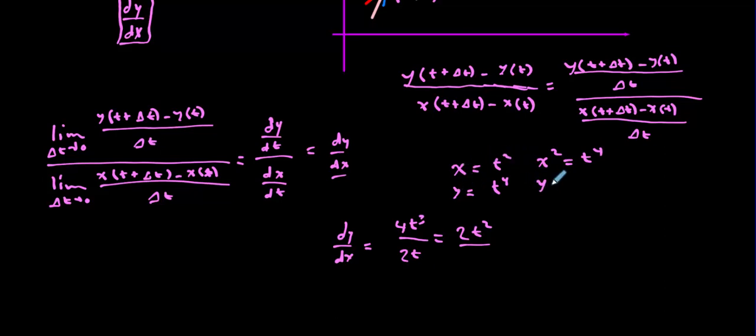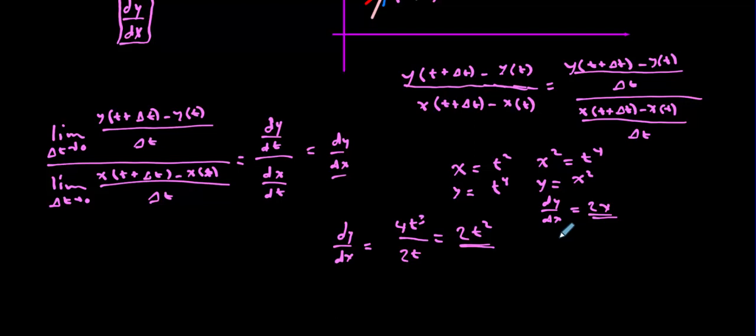That means down here I have y equals, in place of t to the fourth, I'll put x squared. Now let's differentiate it. dy dx is equal to 2x. Now notice x is equal to t squared, so these two turn out to be the same. So we found dy dx.